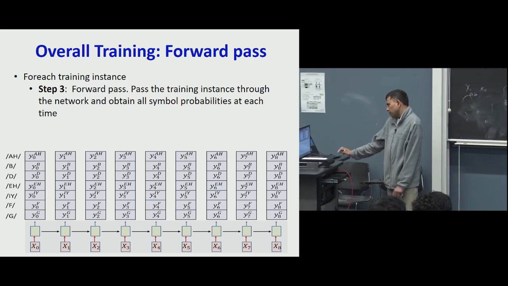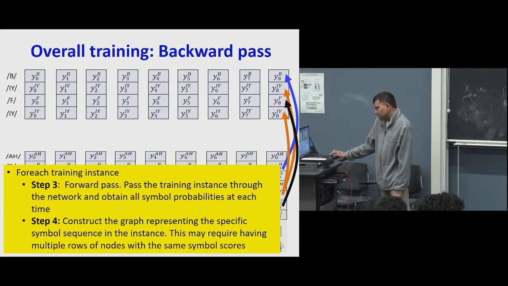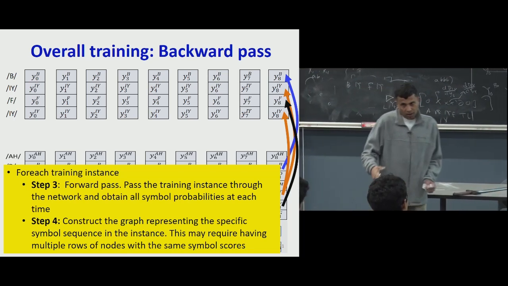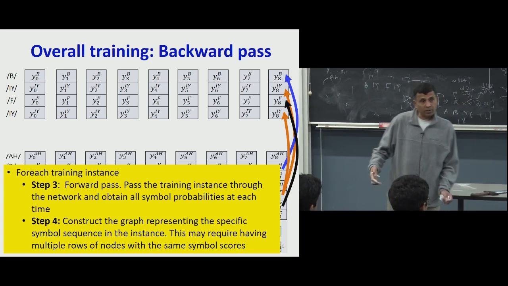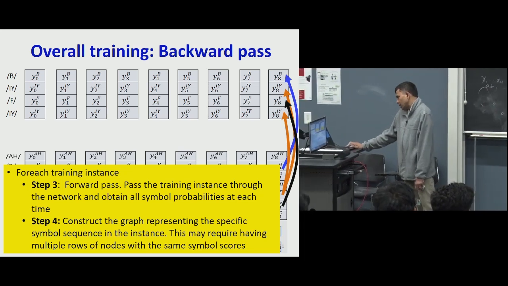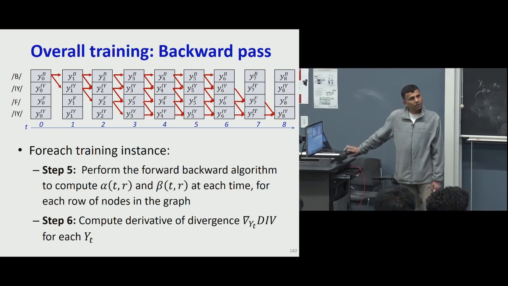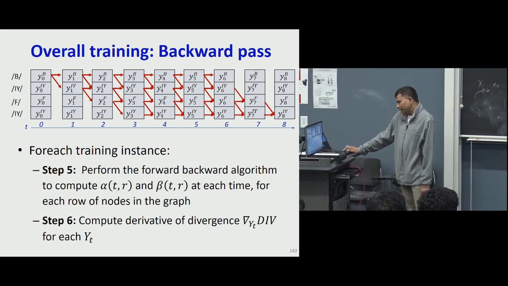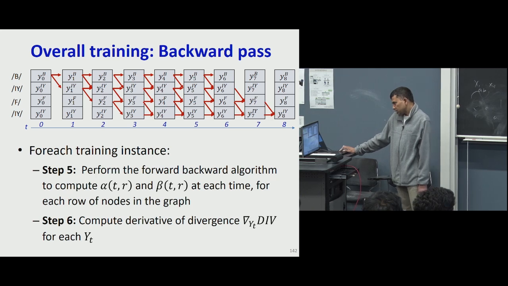Using this table, you construct the graph which represents paths through the target sequence, because you really have to restrict all the computation to this graph. Then you perform the forward-backward at each time to compute alphas and betas for each row at each time. Then you compute the gammas, and then you can compute the derivatives of the divergence with respect to the yt's at each time.